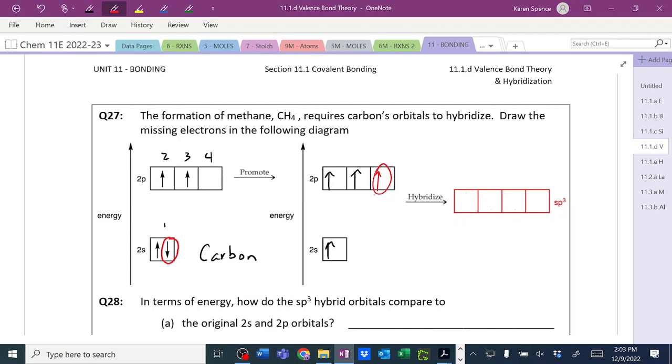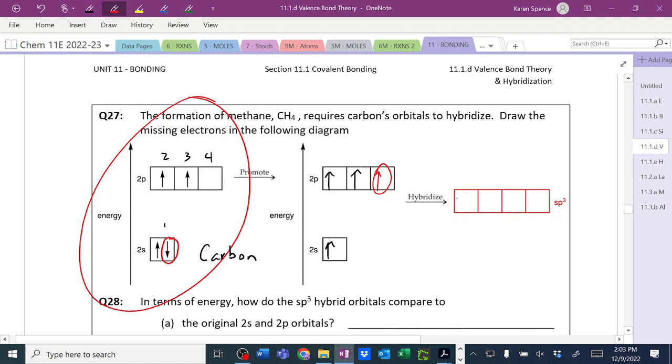I've got my atomic orbitals like this, and then bam, I've got these hybrid orbitals, each of which has a single electron in it. They're not bumped up so much as they are just all equivalentized. Equivalized? Equalized. Equivalentized. Yeah, they just all merge into one style of orbital, okay?